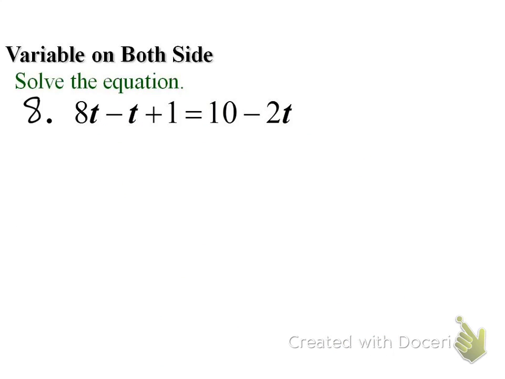How would I start number 8? Very good. Anytime you have the variable appearing more than once on the same side, you want to combine like terms. So this is going to give us 7t plus 1 equals 10 minus 2t. Next step.